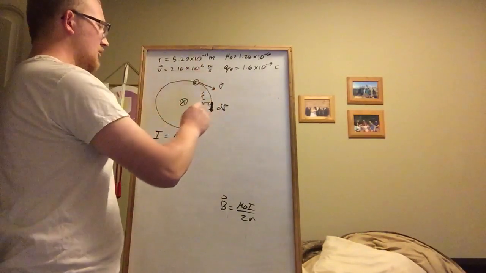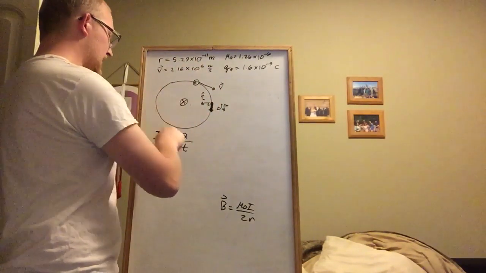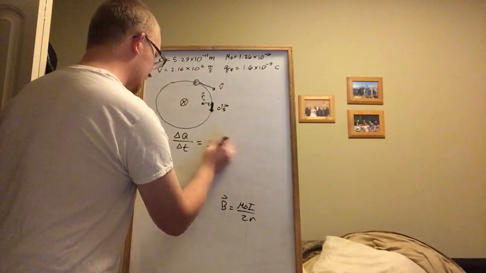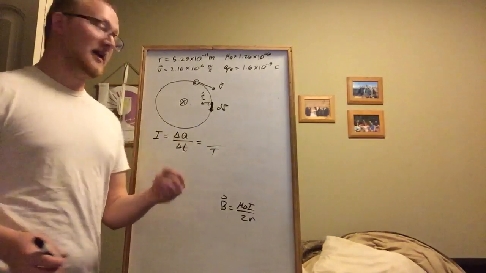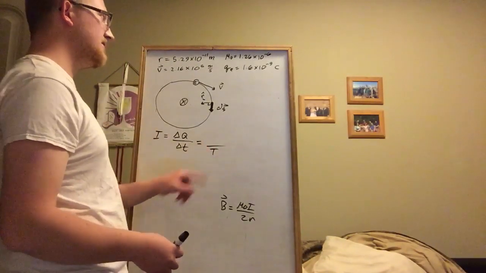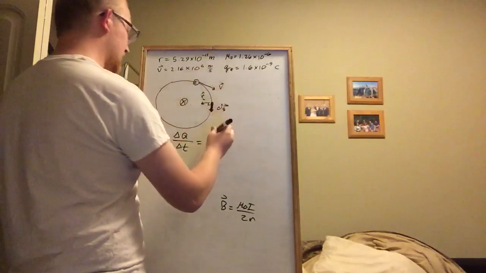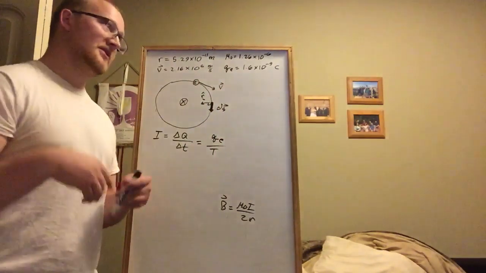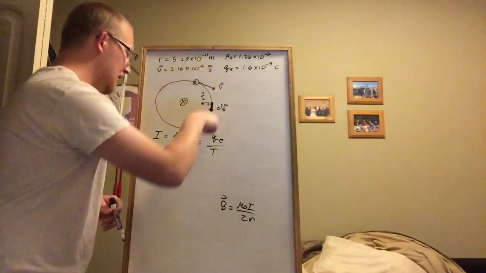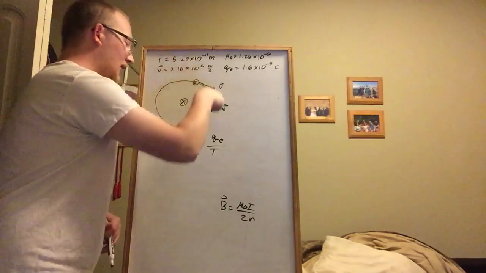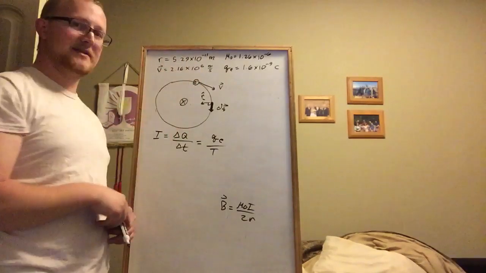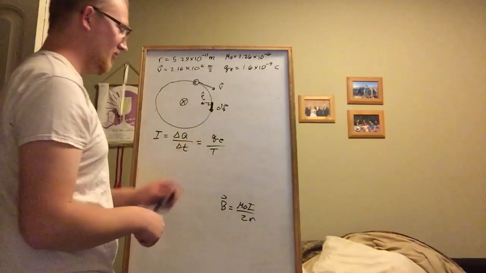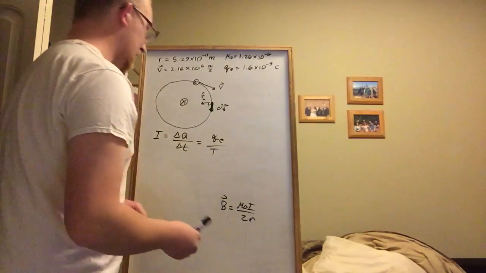When the electron goes once around, we call that a period, and we indicate that with capital T. For ease, let's leave the denominator as the period and the numerator as the charge of an electron, Q sub E. So coulombs per second is going to equal the charge divided by how long it takes to go around once.